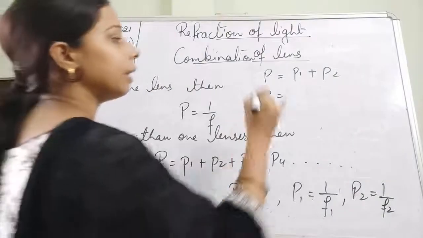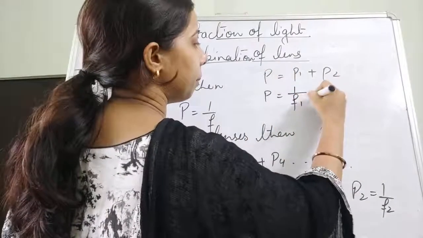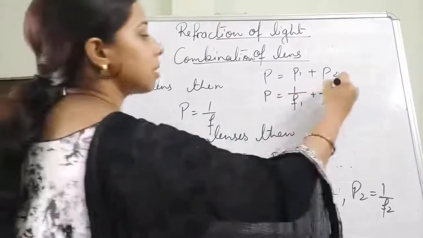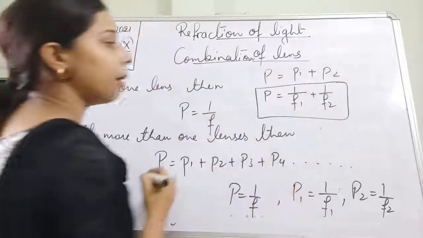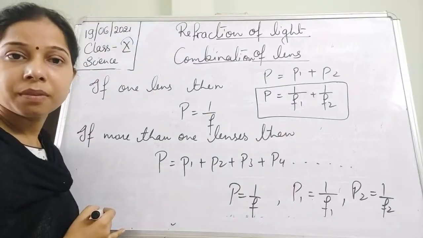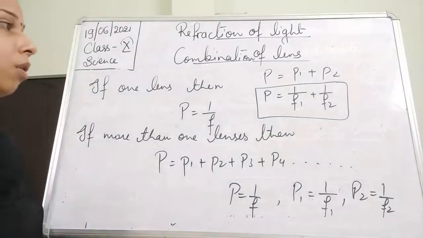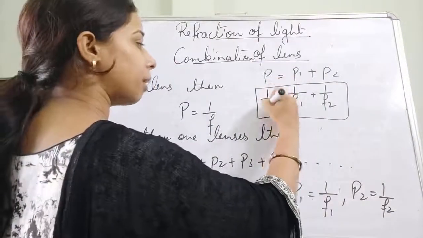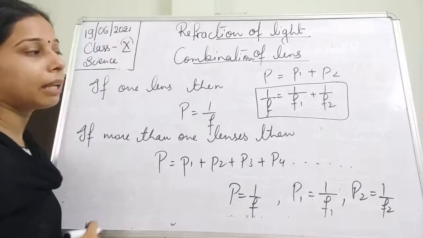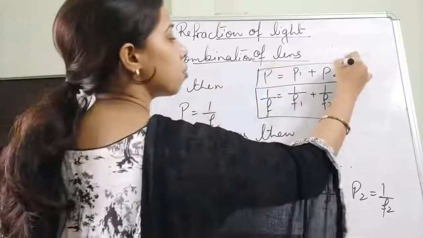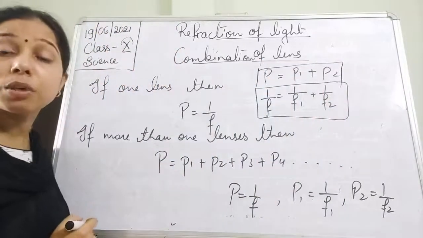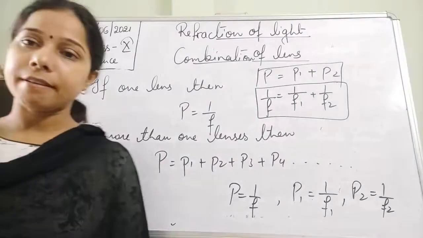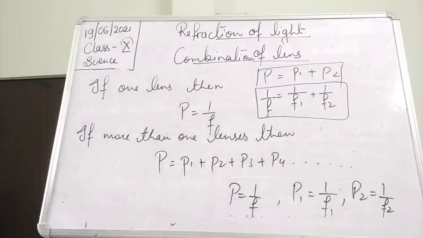So ultimately the power will become 1 by F1 plus 1 by F2. So this is how we will get the value of the power of lens. If the combined focal length is given as F, then 1 by F is equal to 1 by F1 plus 1 by F2. This is also a formula with the help of which we are able to get the value of the combination of the lenses.